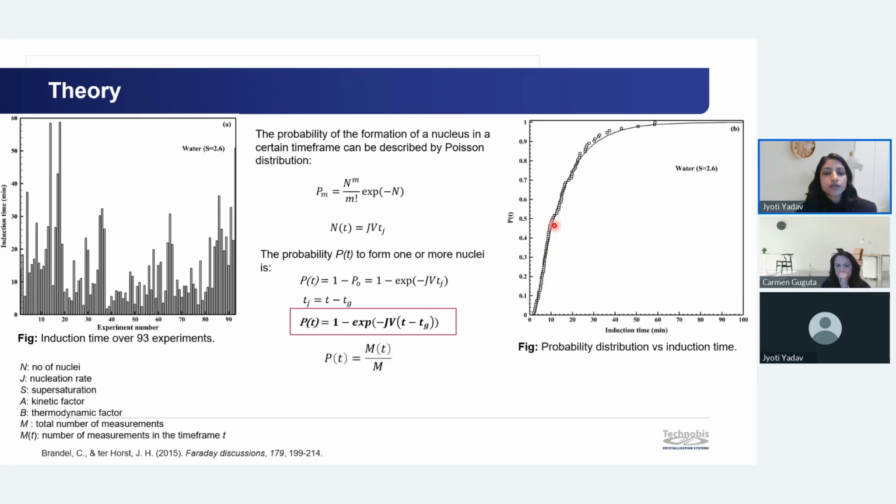And after plotting this probability, we curve fit using this equation with the non-linear least squares method. And by curve fitting this, we calculate the nucleation rate J and growth time tg. And we do this for different supersaturations, at least 4 supersaturations.